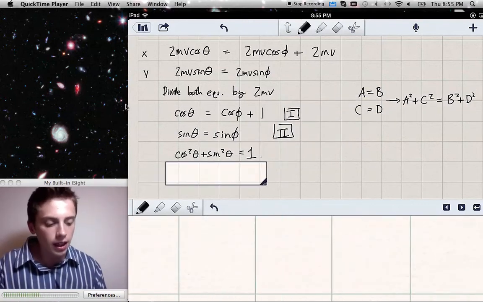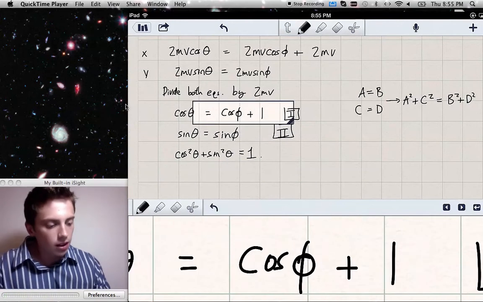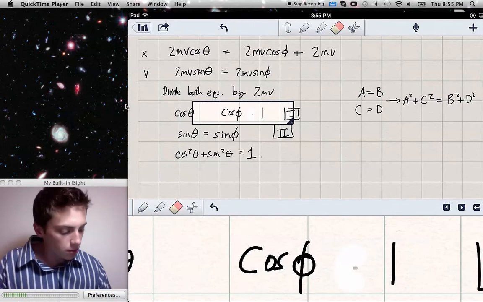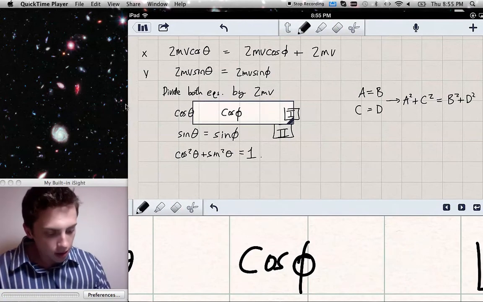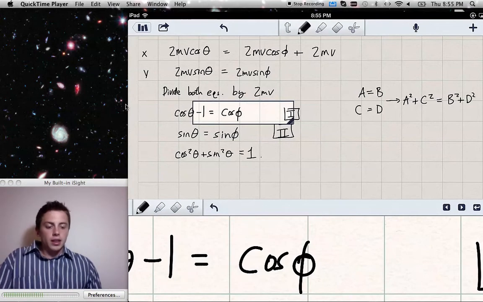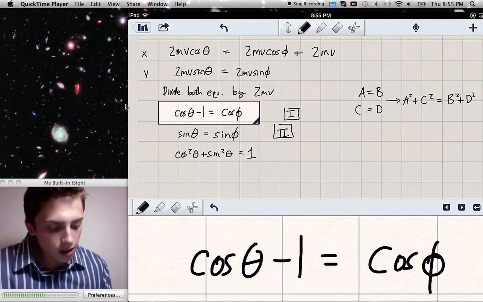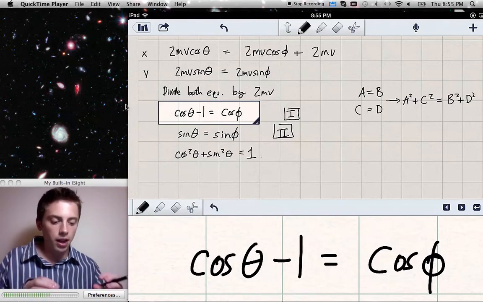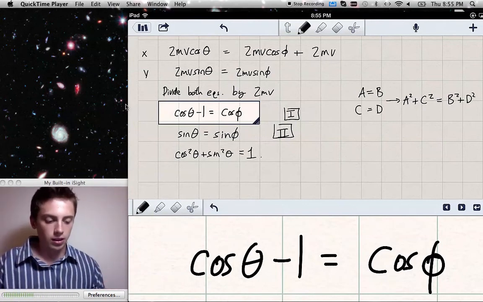Now before I do that, I'm going to do something sort of not obvious here, and I'm going to subtract 1 from both sides of this equation. So I get minus 1 here. The reason I did that is because when I go ahead and square the left-hand side here, I'll get cosine of theta minus 1, quantity squared.